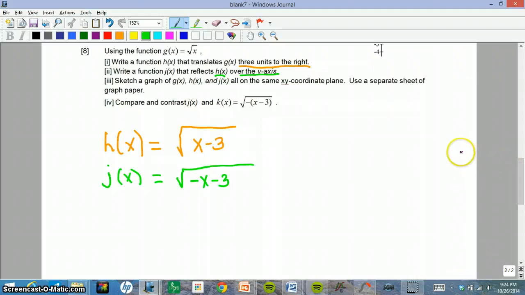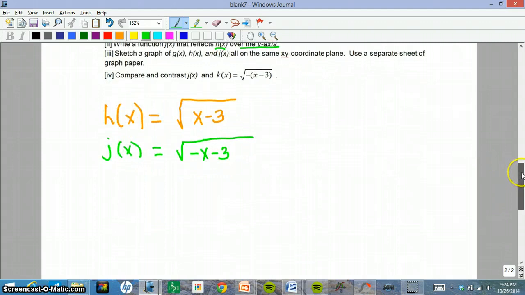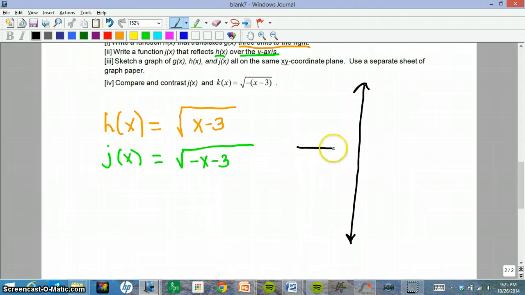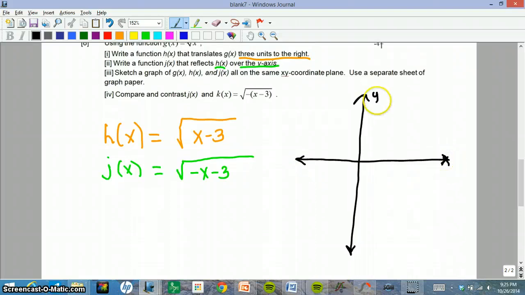And sketch a graph of the 3 functions all in the coordinate plane. Use a separate sheet of graph paper. Well, I cannot pull up decent looking graph paper, so I'm going to have to just deal with a sketch as best I can. I'll label this x and y.